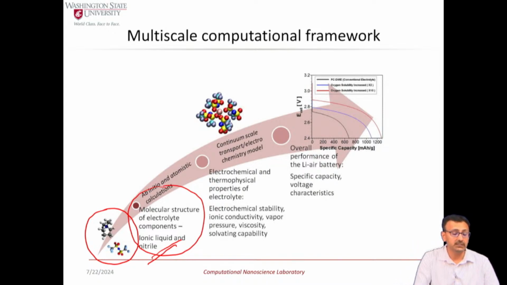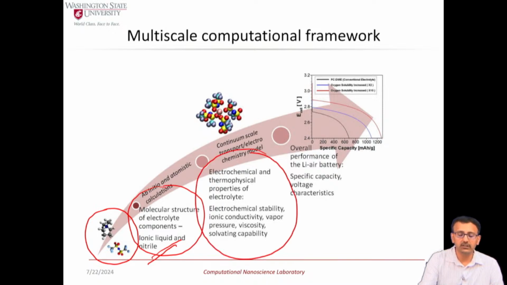If the system is ergodic, which is typically an assumption, then we can apply the principles of statistical mechanics to the trajectory we have from the molecular dynamics simulation to calculate some of these thermophysical properties. In this case, we are talking about the oxygen solubility and the diffusion coefficient of the lithium ions in the electrolyte.